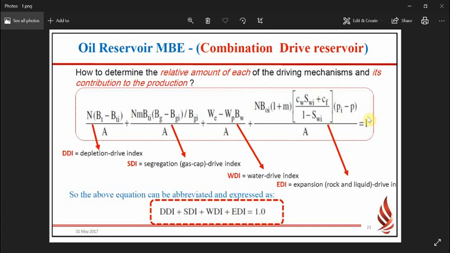The energy plot talks about the drive mechanisms of the reservoir, such as water drive, depletion drive, and gas cap drive. The reason this plot is important is because we want to understand what drives our reservoir, which is it gas, is it oil, and so on and so forth.